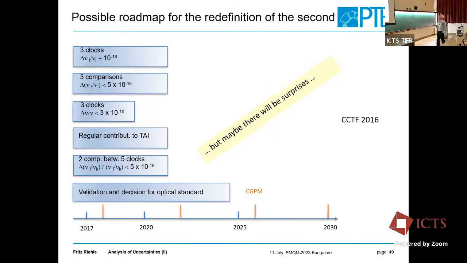Okay, and we have talked about what else we have to do. We should show at least that 3 clocks come down to 10 to minus 18 or so. We should have comparisons. We should have regular contributions to the atomic time and so on. And if everything is working, then we believe that we can do a new definition of the second, but maybe there will be surprises.